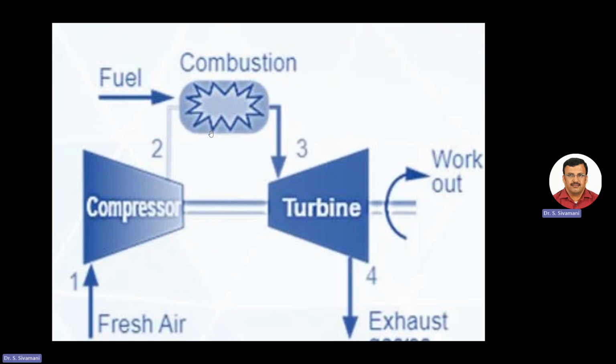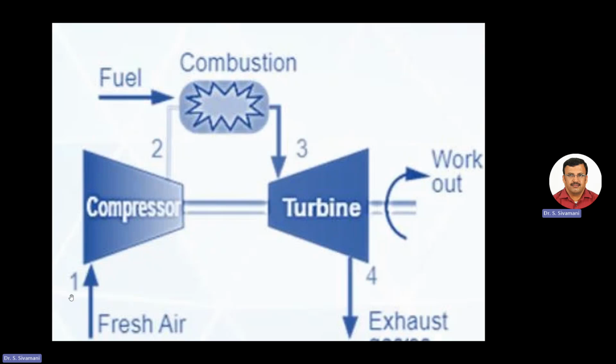which means that the temperature is increasing, entropy is changing, but pressure remains constant. And the stream between 3 to 4 is called expansion. During this process, the temperature decreases, pressure decreases, and entropy remains constant.